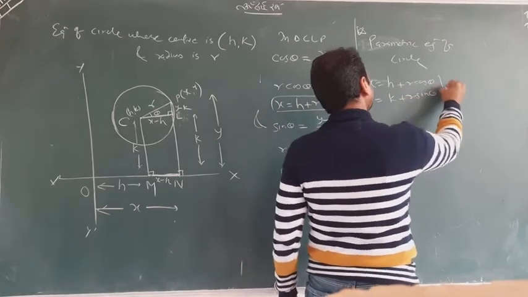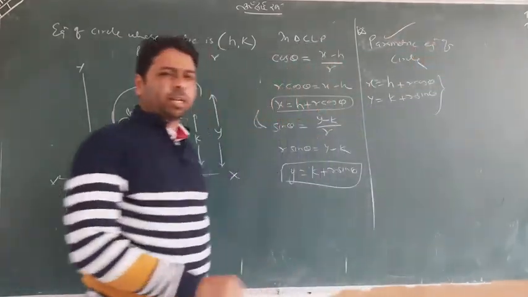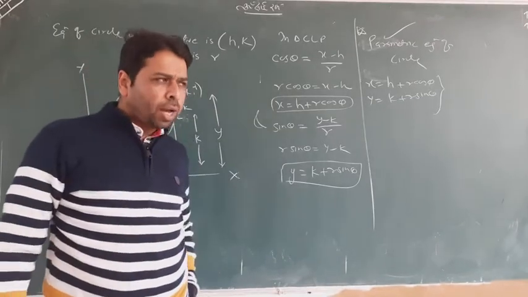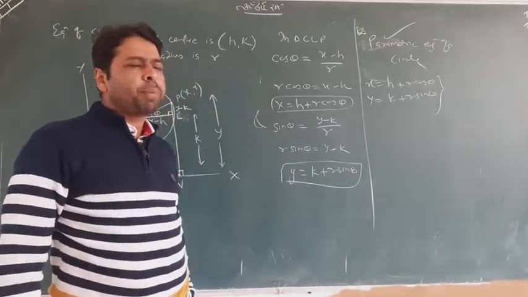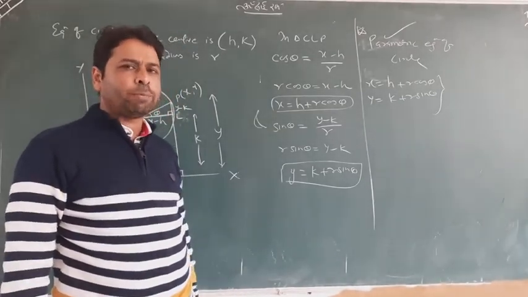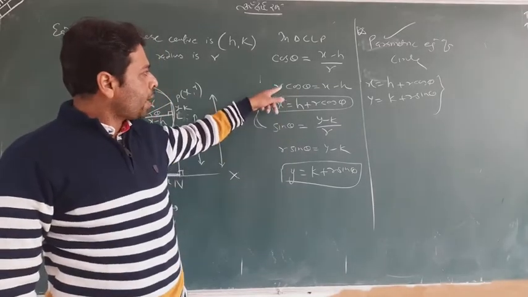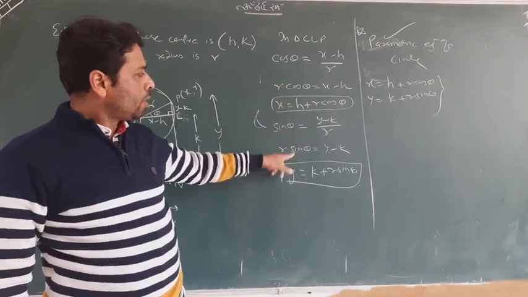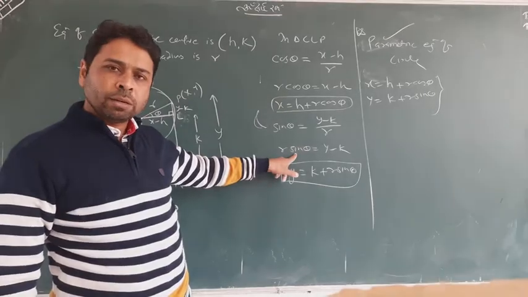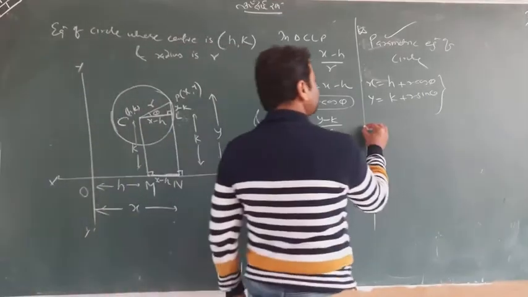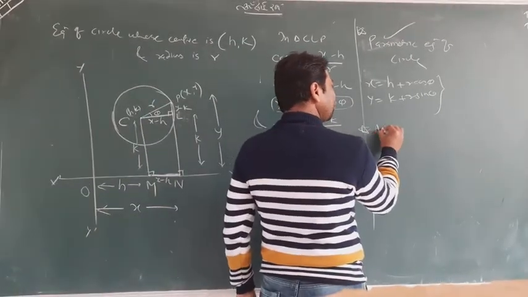This is extra knowledge; these two together are called a parametric equation. But this is not in our particular syllabus. I will tell you what we have to study: we will take these two and we will square and add. So again look at it.